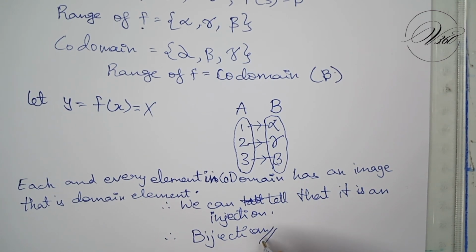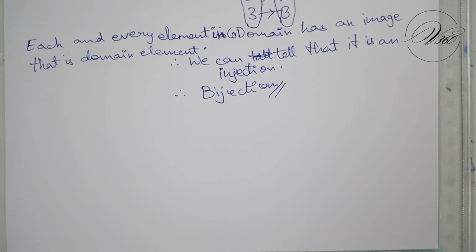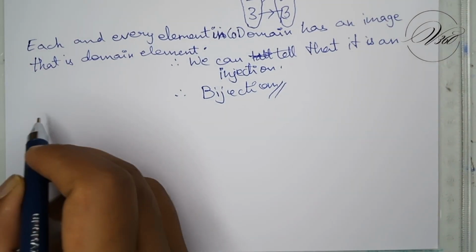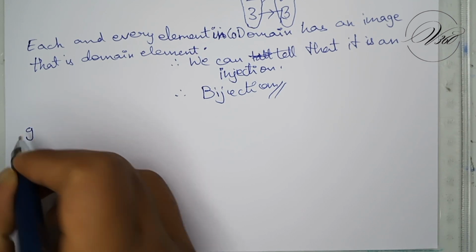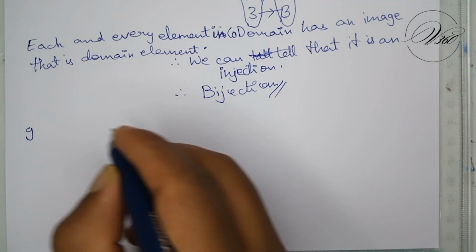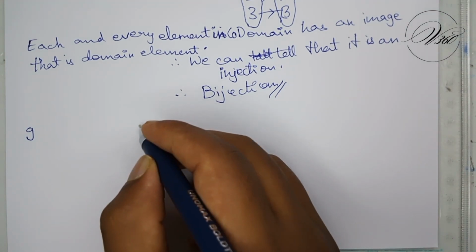Now we should solve G. Now I am going to solve G. Here G we got as B to C. First we will do the diagrammatical and then we will write the statement for injection.